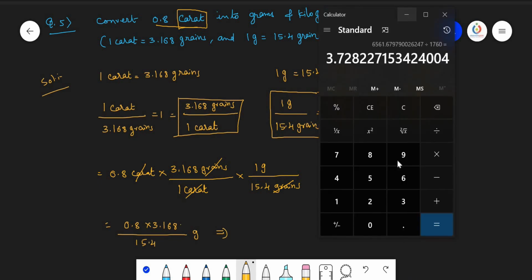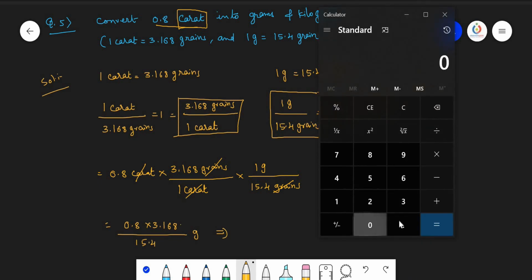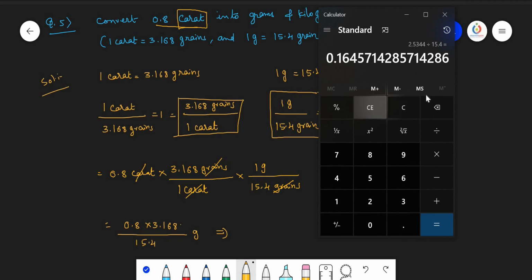So the answer becomes 0.8 into 3.168 divided by 15.4, which equals 0.1645.